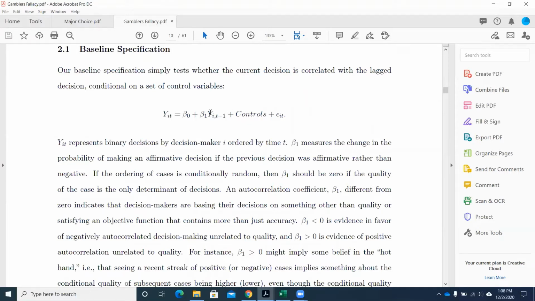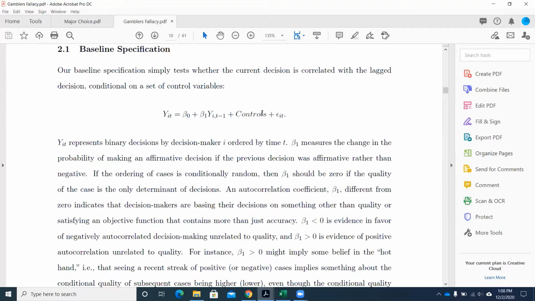And it's really hard to think about. If we don't include any controls, then that doesn't really mean anything. A correlation means nothing. If we include a bunch of controls so that we're comparing otherwise equal cases, or if we're thinking about the loan officers, comparing otherwise equal loans, loans for the same amount, same credit score, controlling for all these additional factors, then it is interesting if we still see a significant effect here.